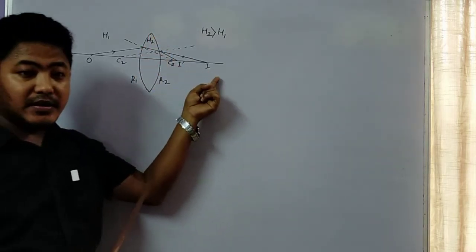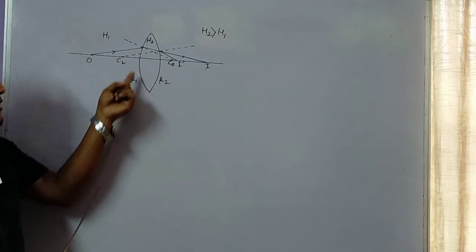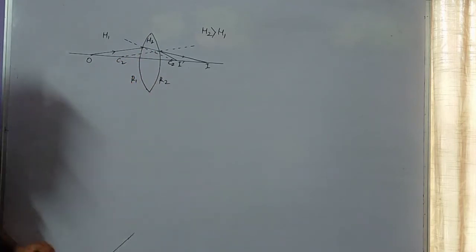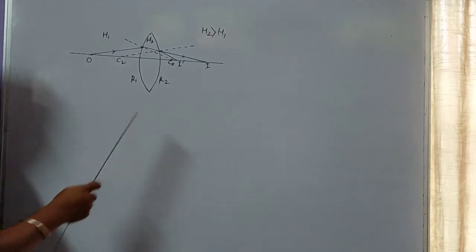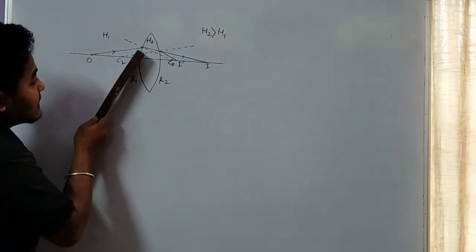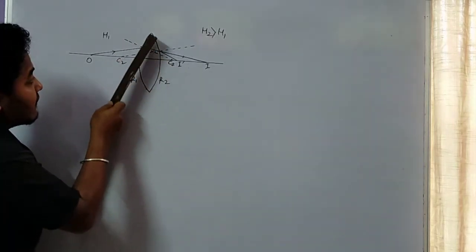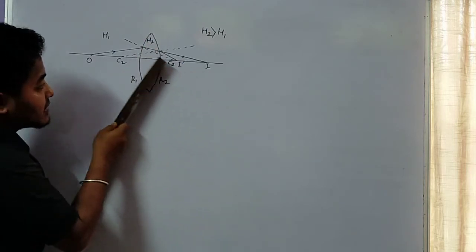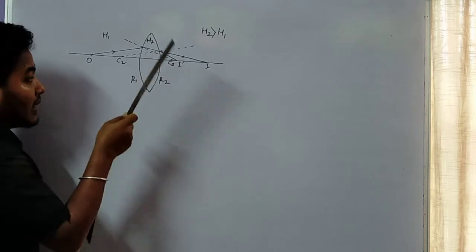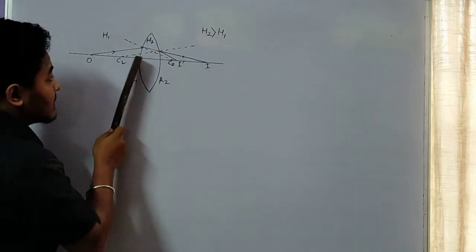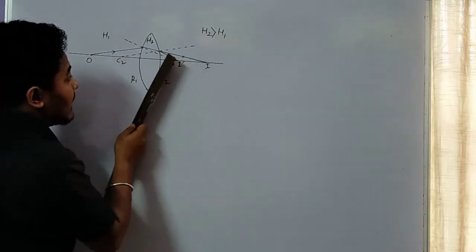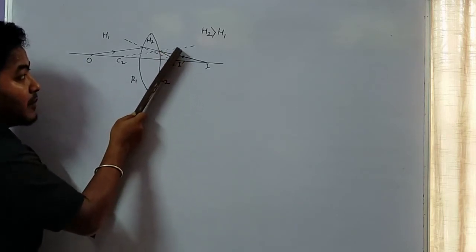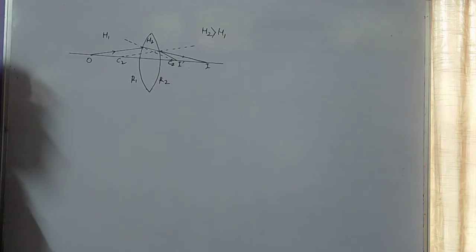I is the image for the first spherical surface with respect to object O. Understand? I'm again clearing your diagram. You can see this was the normal for the first spherical surface, and after refraction this refracted ray is coming closer to the normal. In the second case, this is the normal and this is the refracted ray, and this refracted ray is coming away from the normal in case of the second surface.